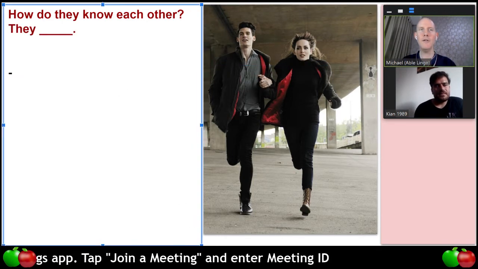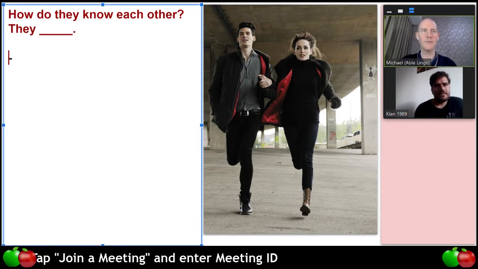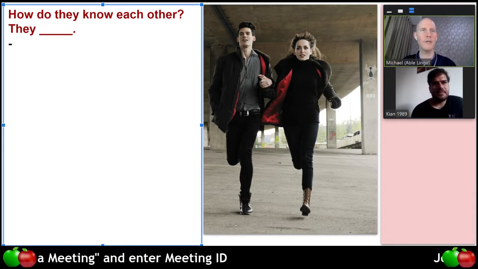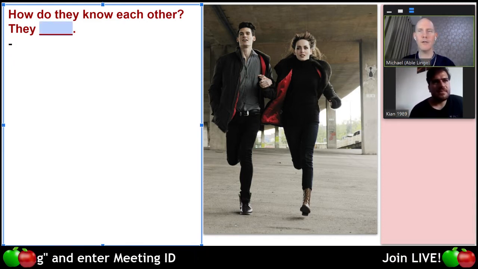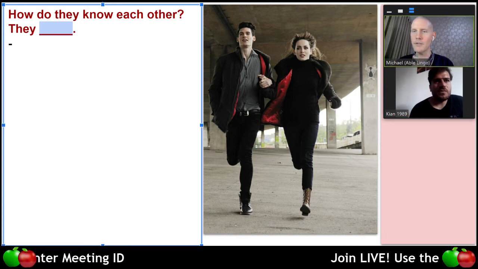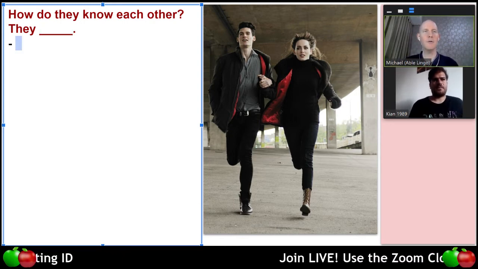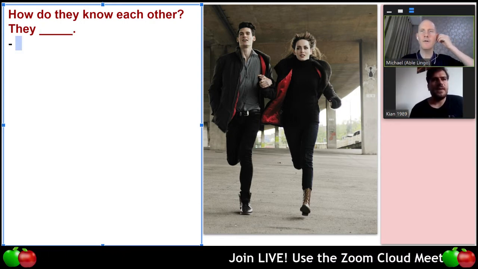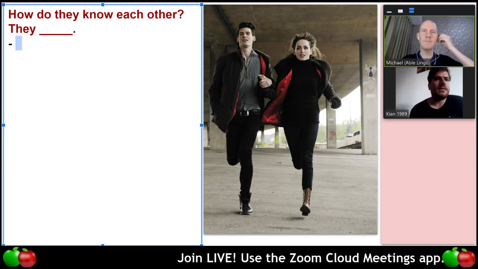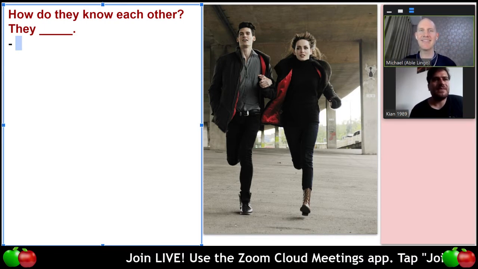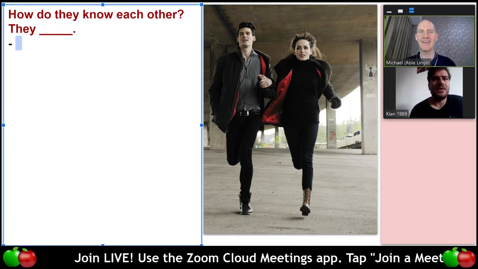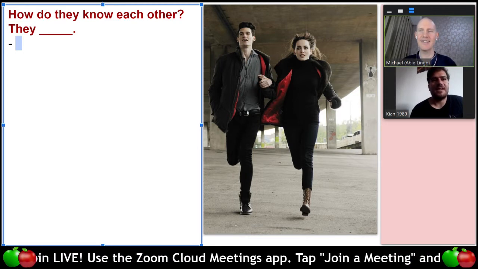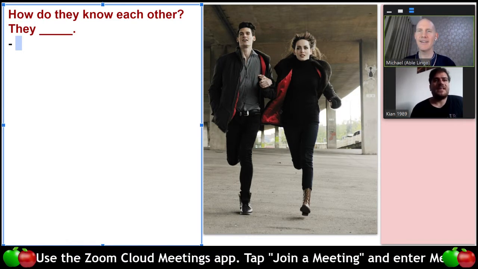All right, how do they know each other? What do you think? And feel free to jump in, Kian, if you have any ideas. What do you guys think in the comments? How do they know each other? I don't think they're chasing someone because from their faces, they don't look serious at all.